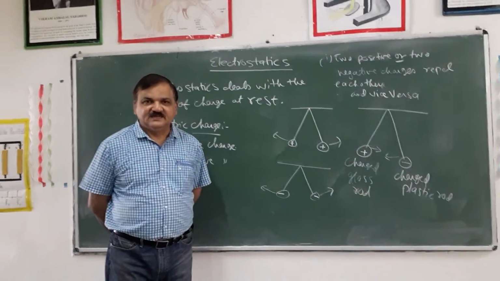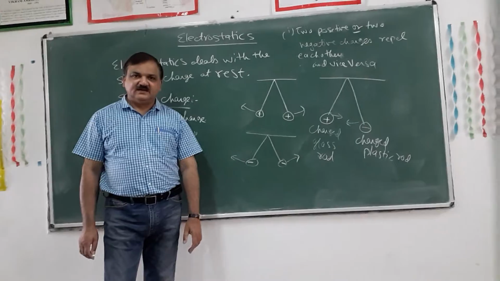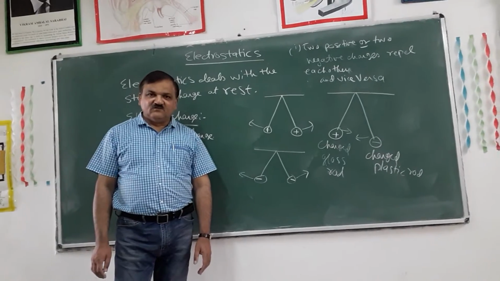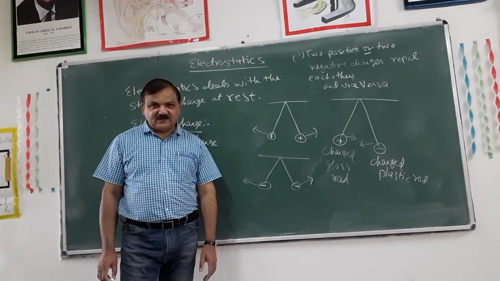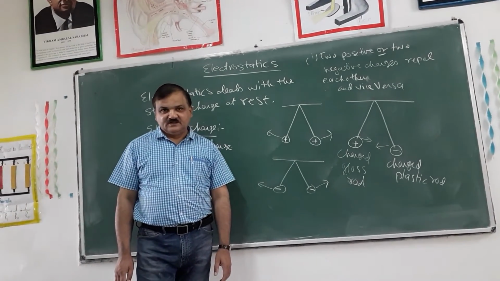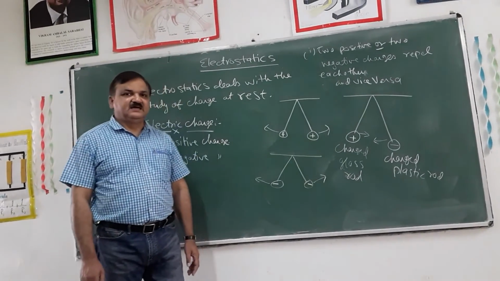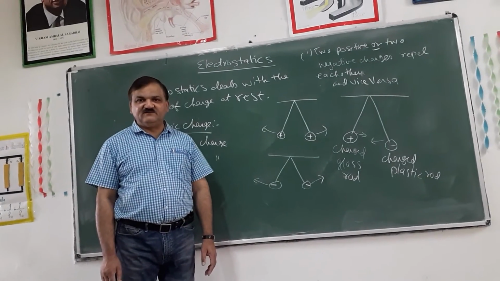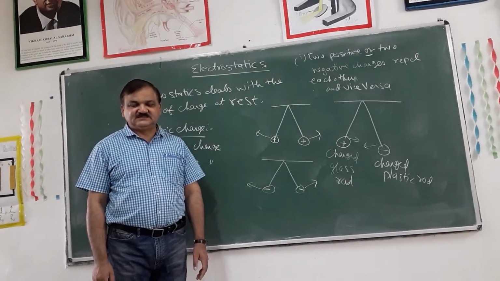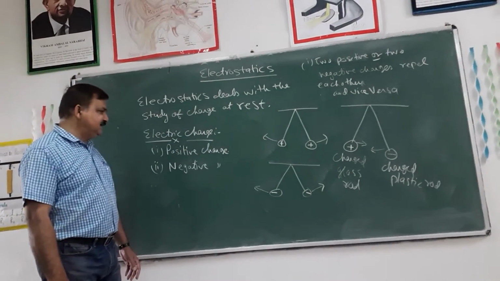When one light body is rubbed with another light body, then one body loses electrons and the other body gains electrons. So the body which loses electrons is said to be positively charged, and the body which gains electrons is said to be negatively charged. By this, the charges have been given the names positive charge and negative charge.